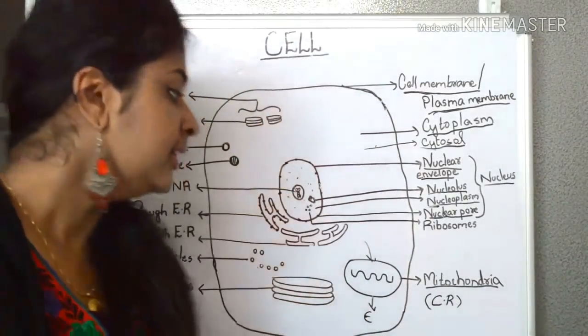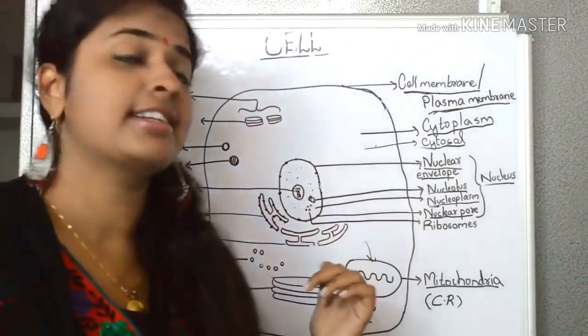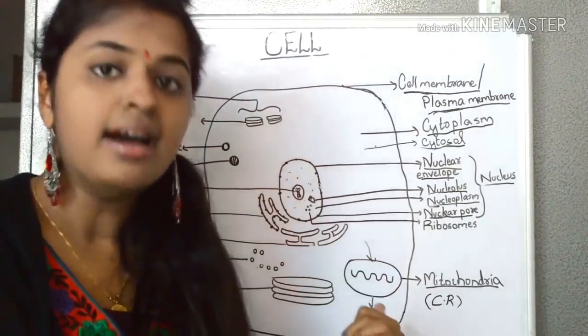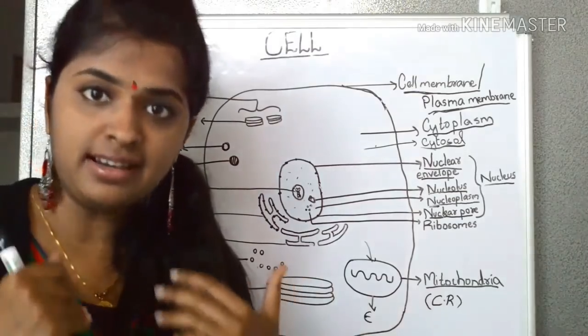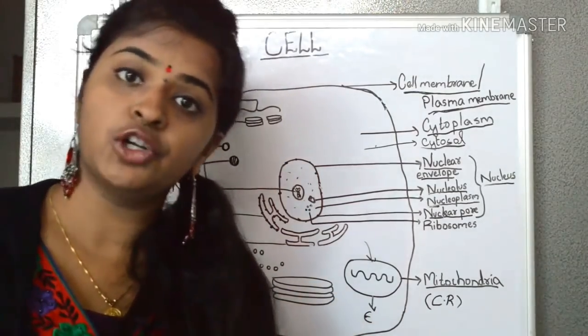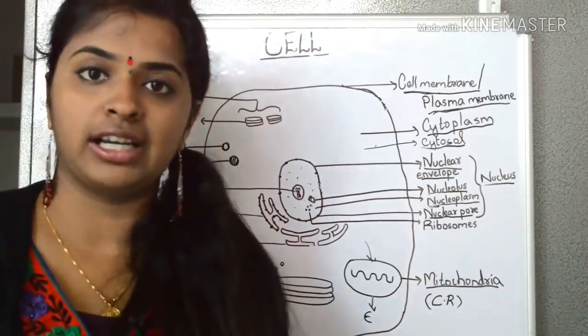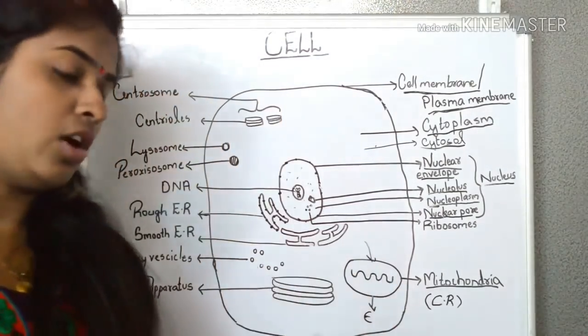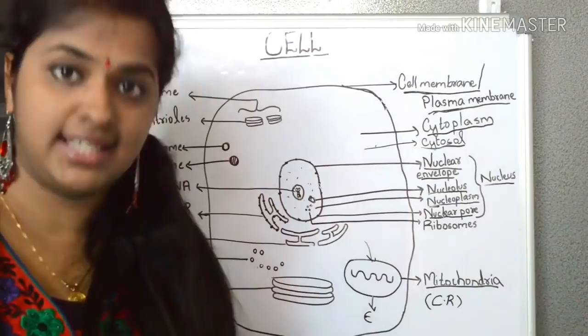So 90% of chemical reactions occur inside the mitochondria, and the energy which all the cells need to survive is produced inside the mitochondria. So the mitochondria is called the powerhouse of the cell.